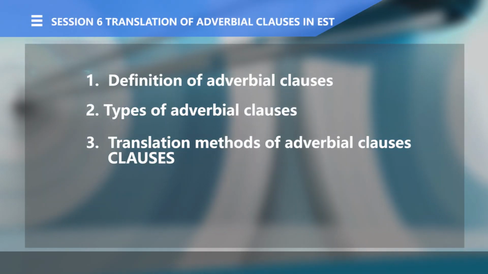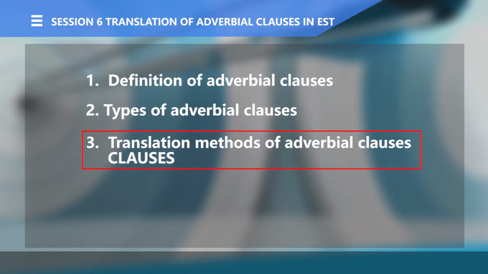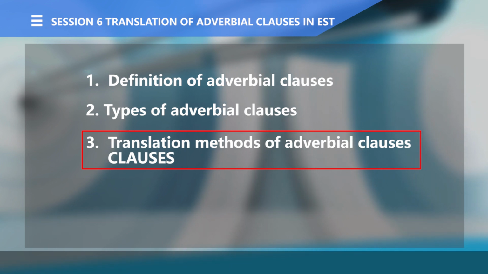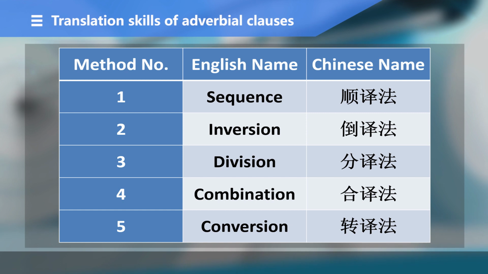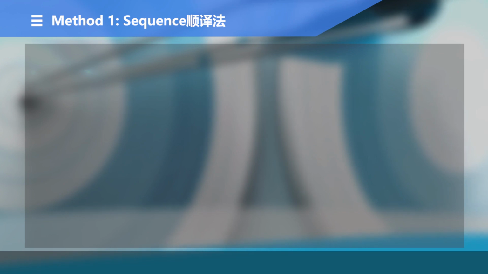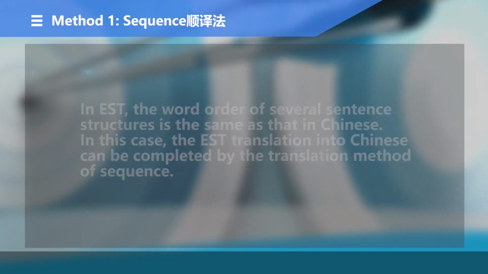Third, let's discuss how to translate adverbial clauses. In general, there are 5 translation methods of adverbial clauses. Look at these 5 translation methods. Now we will explore them one by one.